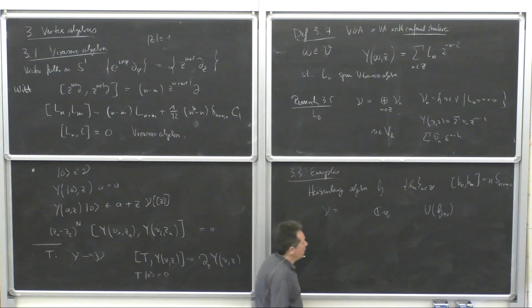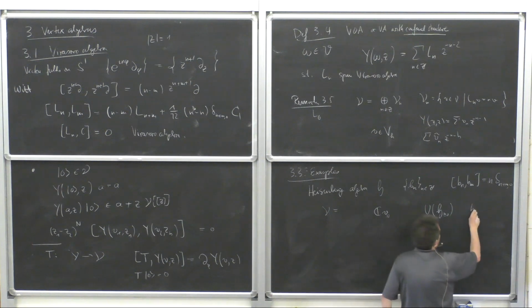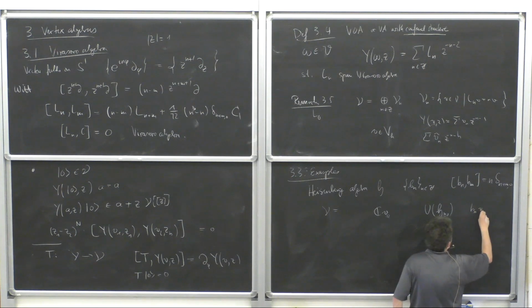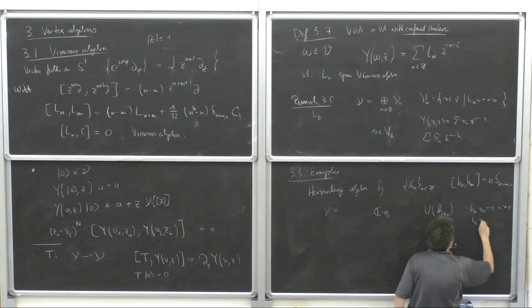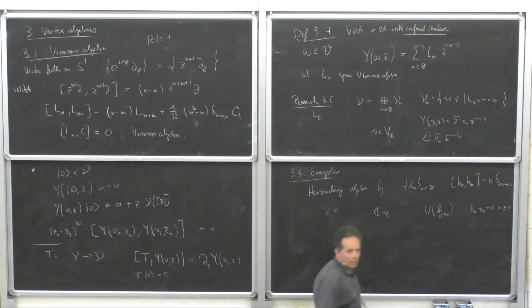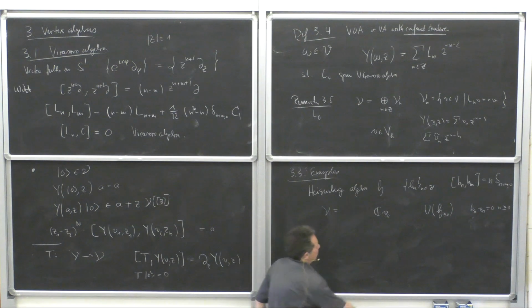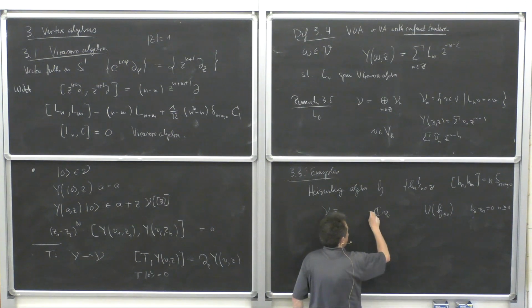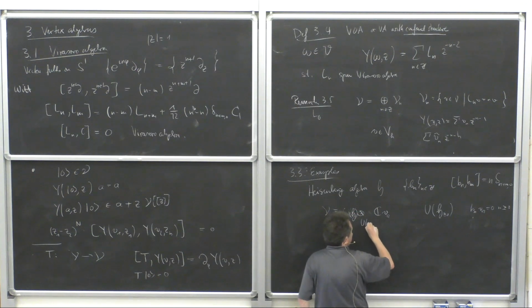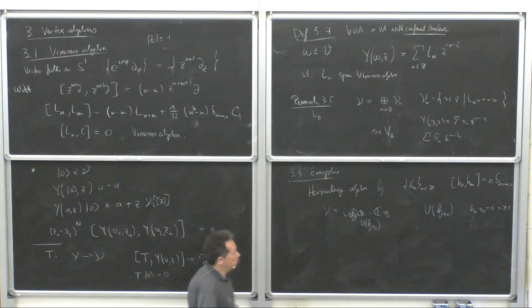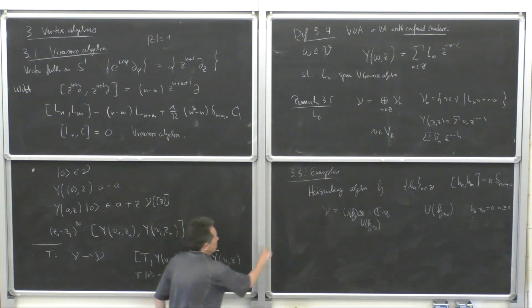I'm asking that b_n is acting by 0 if n is bigger than 0. b_0 is also, well, we are on the ground state. So this is a module over this universal enveloping algebra, and I turn it into a module over the Heisenberg algebra simply by taking the induced module. So this is a Fock space.